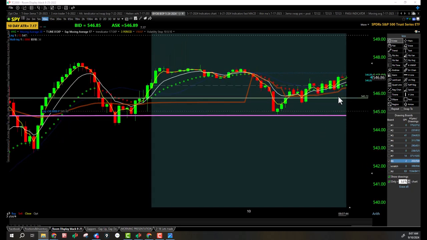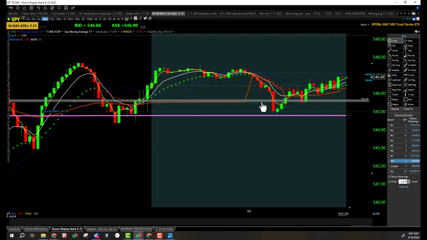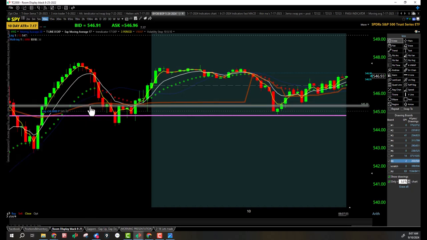Let's move this down. 545. Just going to drag it down a little bit, right about there. You see where price action comes down, comes back up, and then comes back down, and then we finally get up on top of it again and move up.